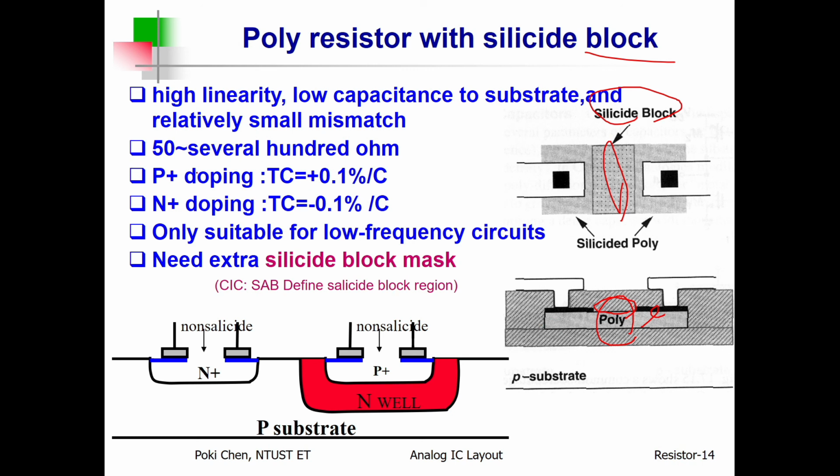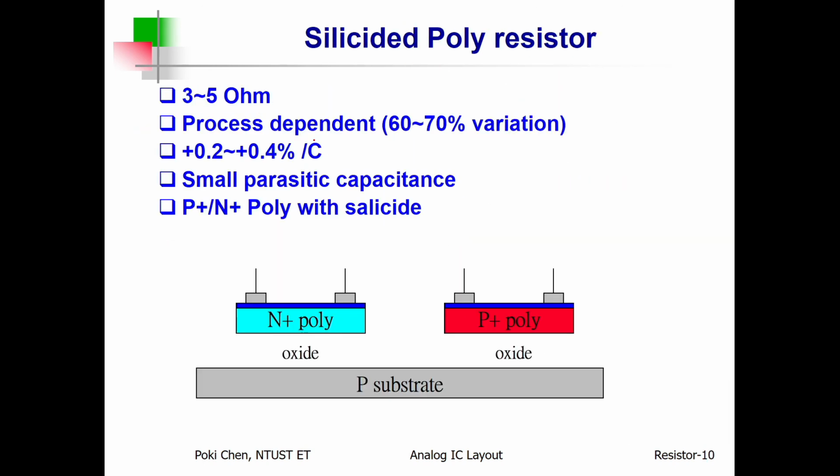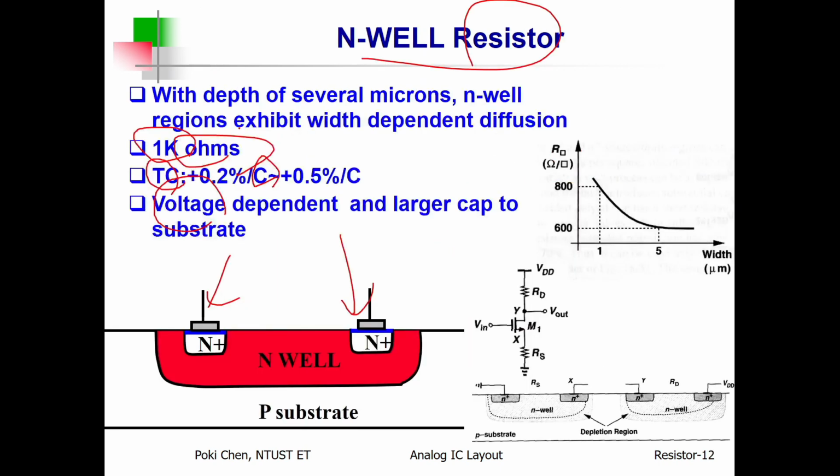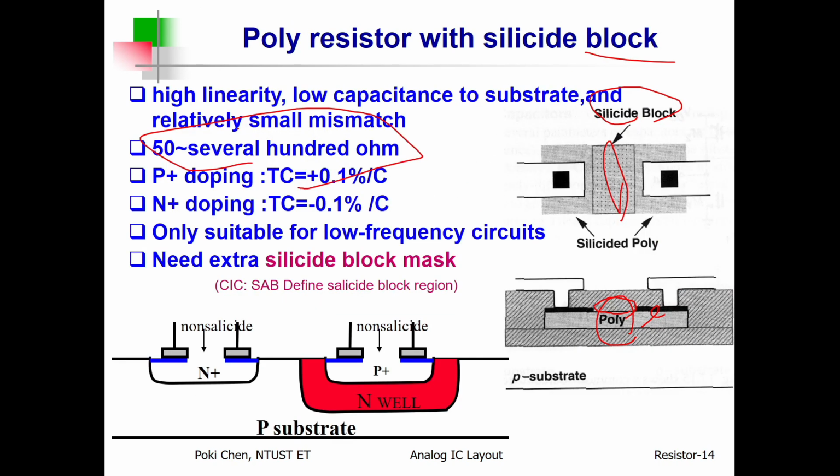Here, allow me to show you. With such a silicide block mask, the resistance can be increased from only a few ohms. Let me go back. See? Wow. It is increased from 1 digit to 2 or 3 digits, right? To 50 over to several hundred ohms.